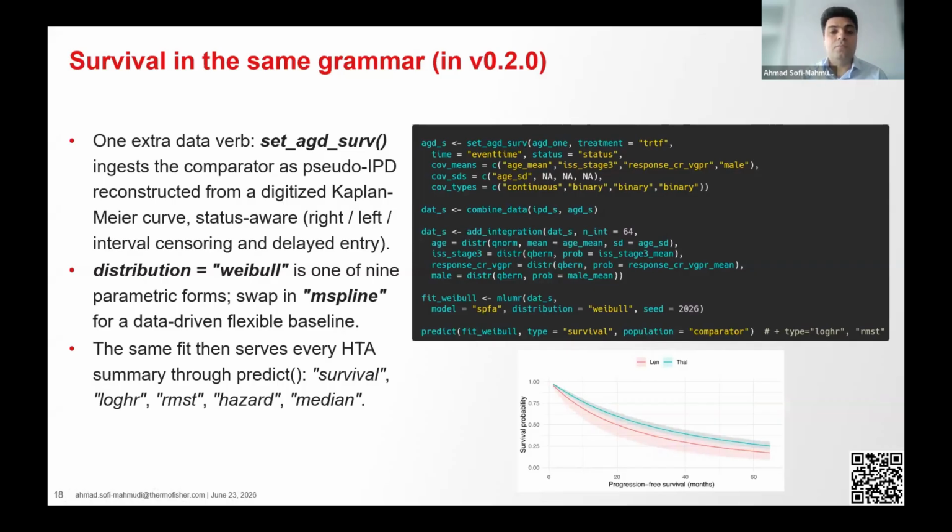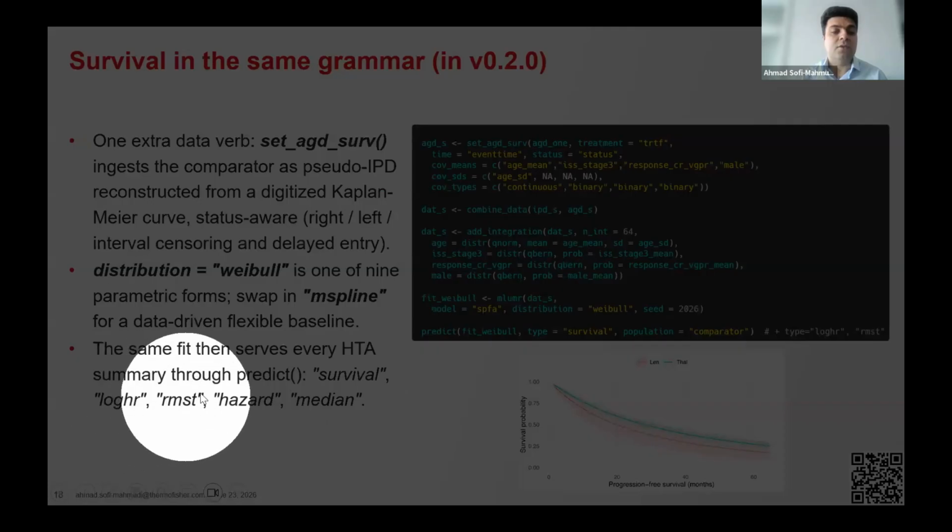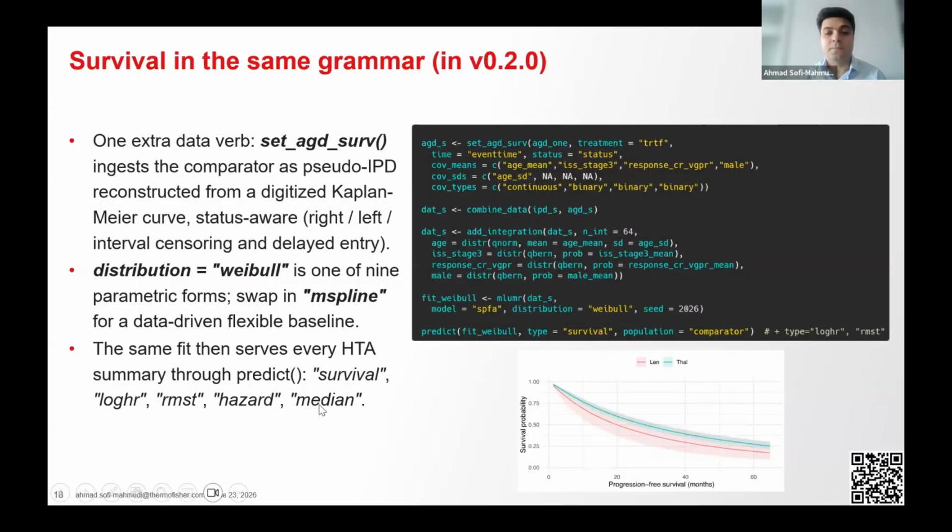And you can select from one of the 9 parametric forms or splines in order to do the survival mlumr, and then extract information on survival like HR, RMST, hazard, or median.